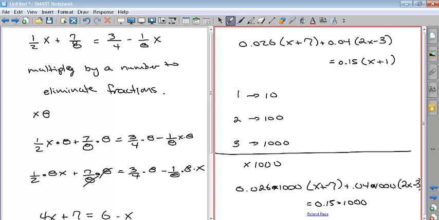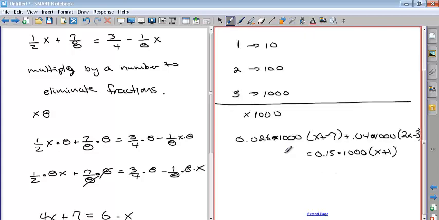When you multiply 1,000 times 0.026, you get 26. 0.04 times 1,000 is 40. And 0.15 times 1,000 is 150. You can do those in your calculator.